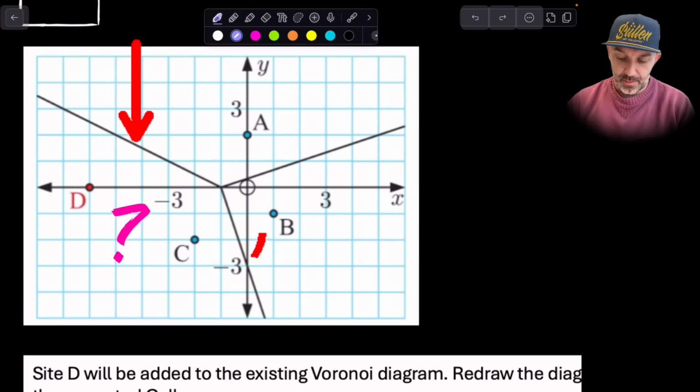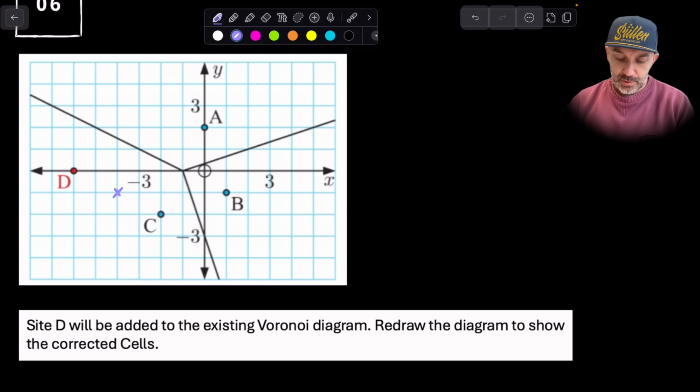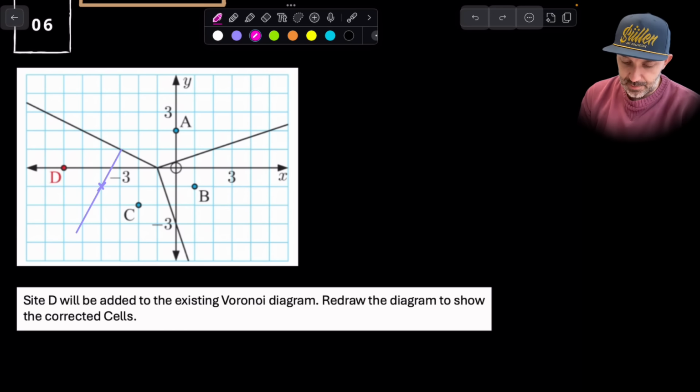Now, because the numbers are rather nice, I can just visually see that that is the midpoint of DC. Also, I can see that the perpendicular gradient of this would be the following, okay? Now, how would you know that if you can't see it? Well, go ahead and have a look at the gradient between D and the midpoint.